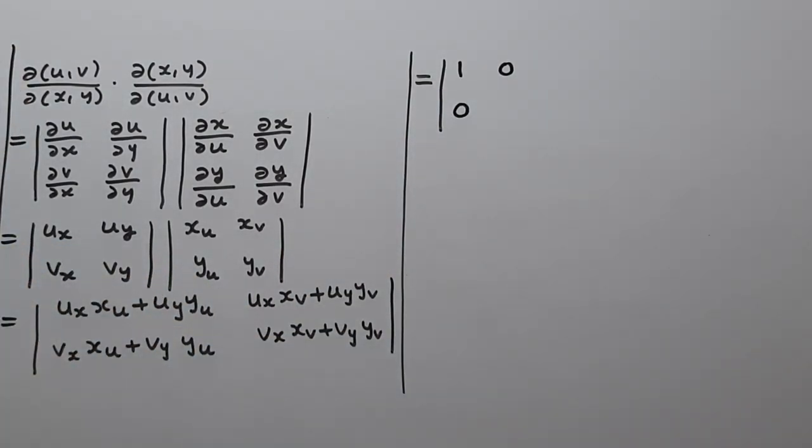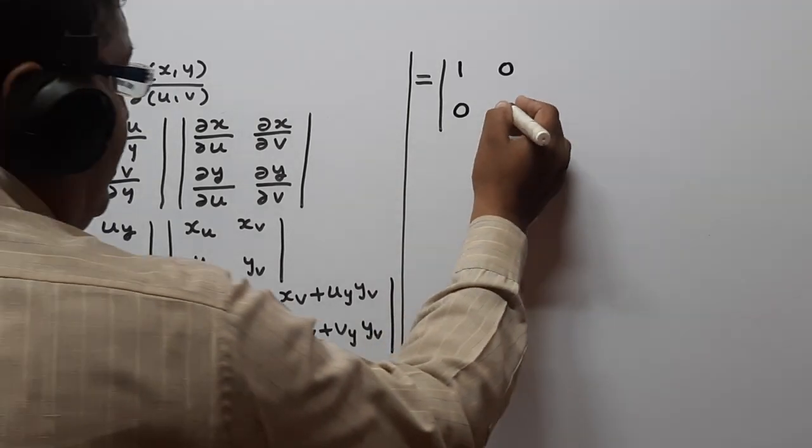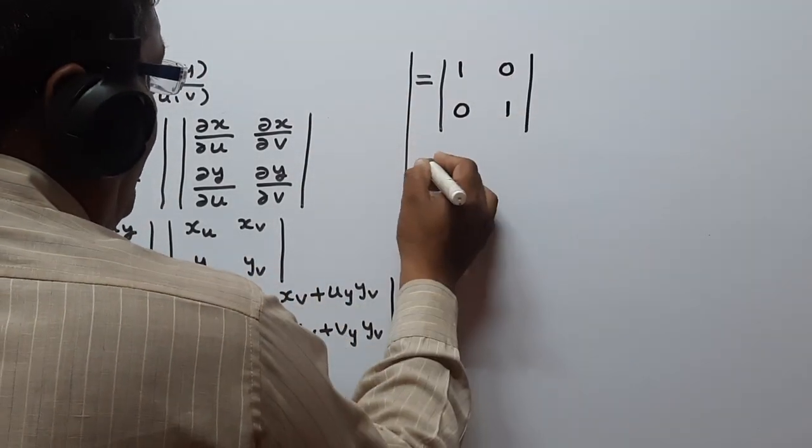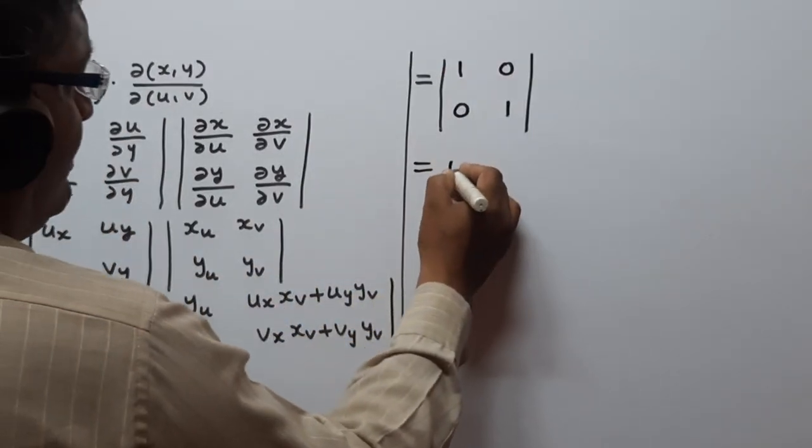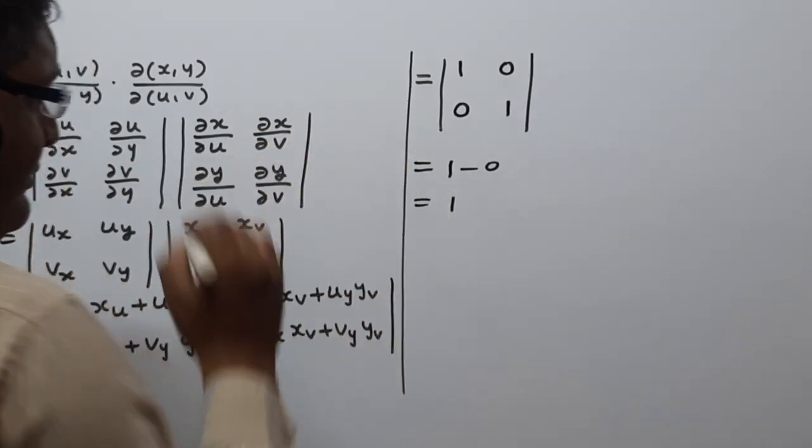From the above discussion, vx xv plus vy yv is equal to 1. Now we solve the determinant, so we get 1 minus 0, that is 1.